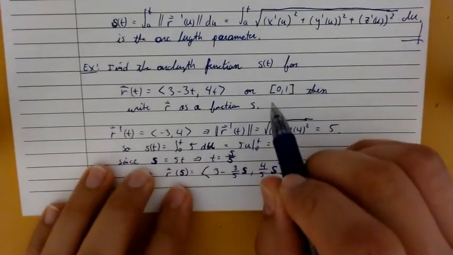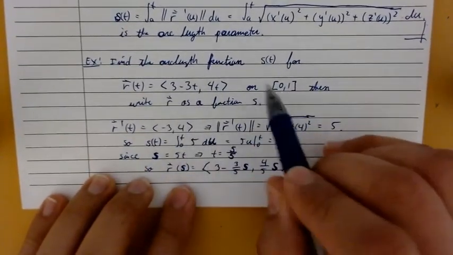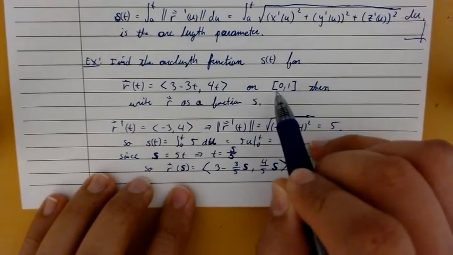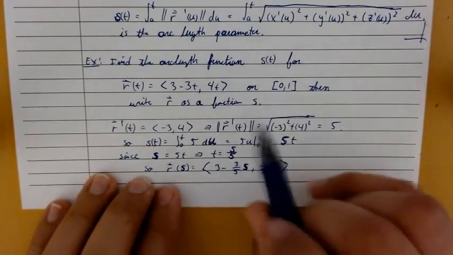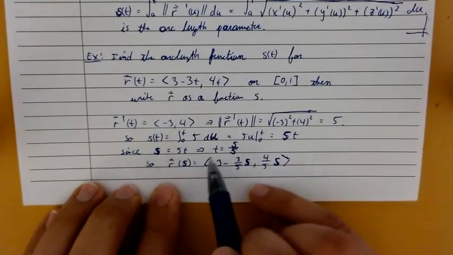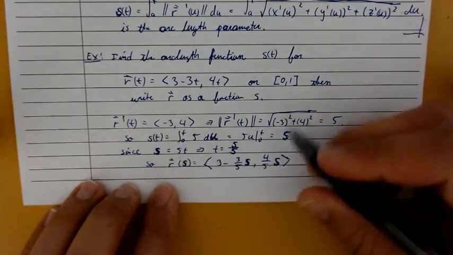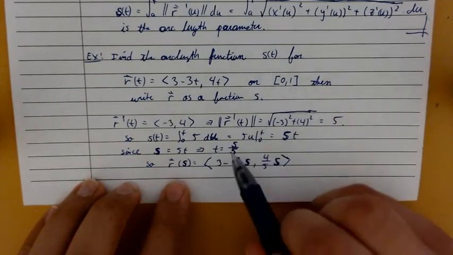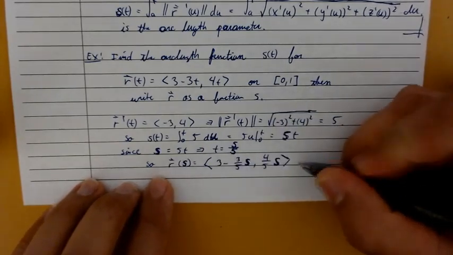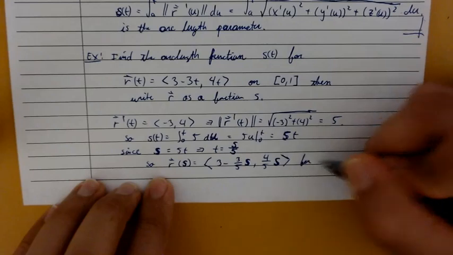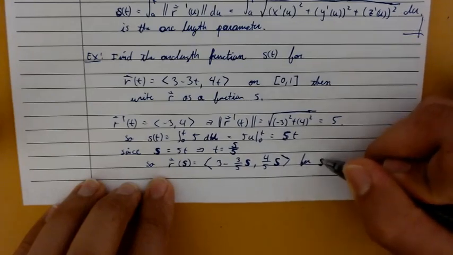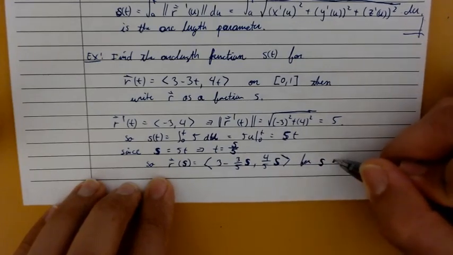Note that in the original parameterization, t ran from 0 to 1. Since t is 1/5 of s, or since s is 5 times t, that means that if t is running from 0 to 1, then s is between 0 and 5.